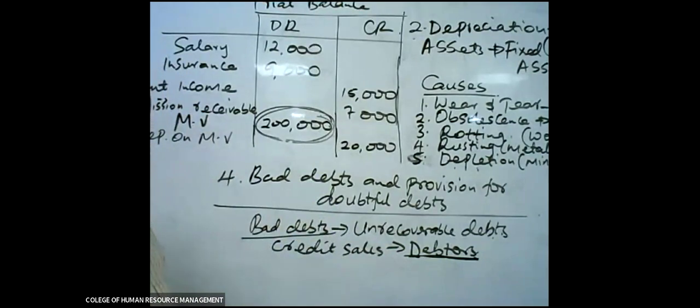The amount that you may never recover from your debtors, either by bad luck, the debtor passed on. You cannot keep waiting for that money because it will never come. You write it off as a bad debt. The debtor can never be traced. Two years down the line now, you cannot continue waiting for that money. Write it off, remove it from your books.